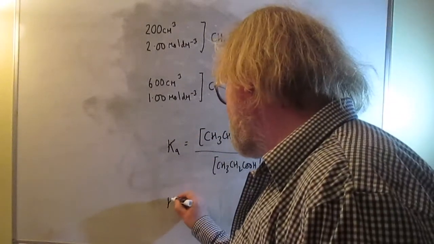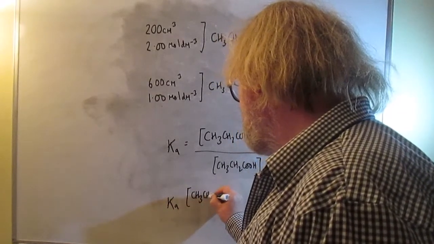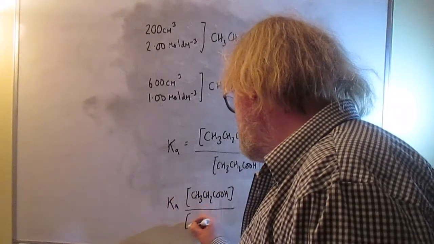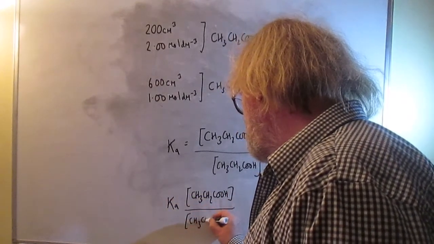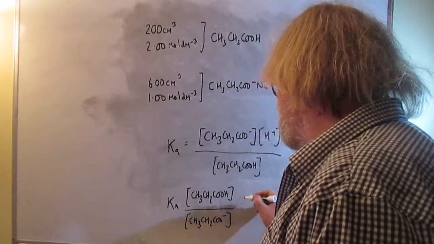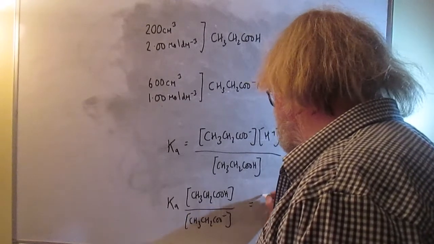So we get Ka times the acid divided by the conjugate base is equal to H+.